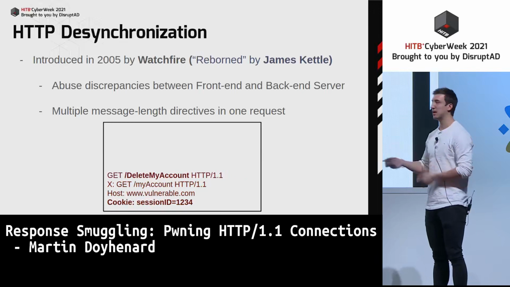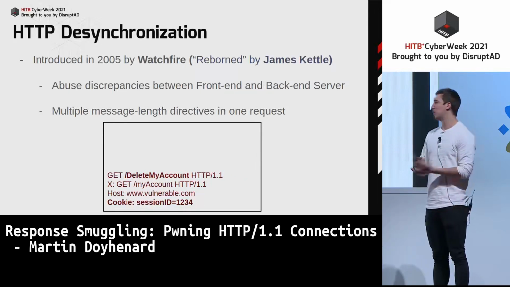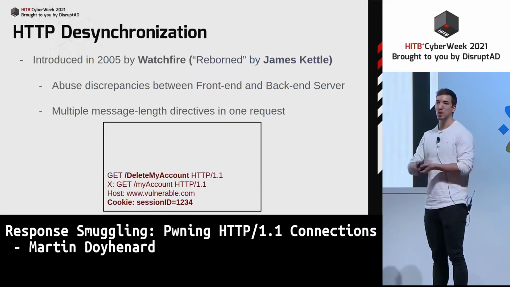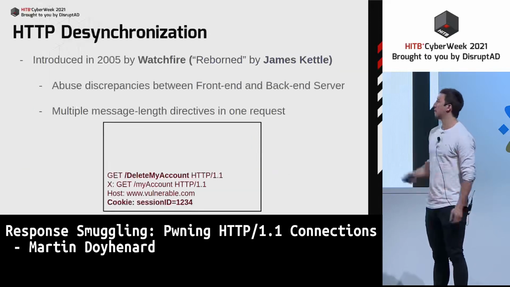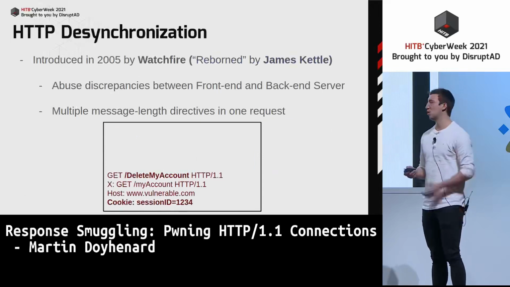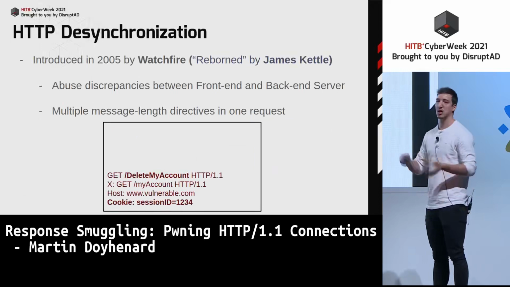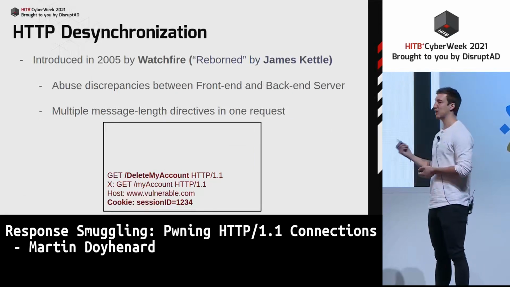In this case, we can see that it will use the cookies and the session ID, so probably the account of the victim will be deleted. But the response of this request will also be sent back to the victim, so if the response contains any malicious payload, such as JavaScript, this will be executed in the victim's browser.